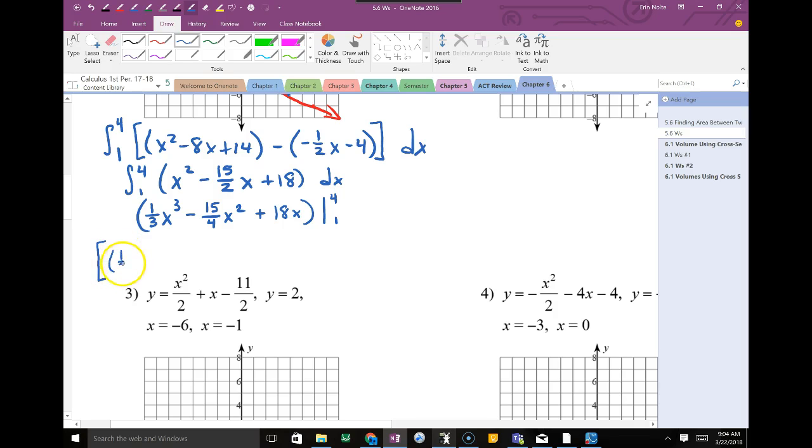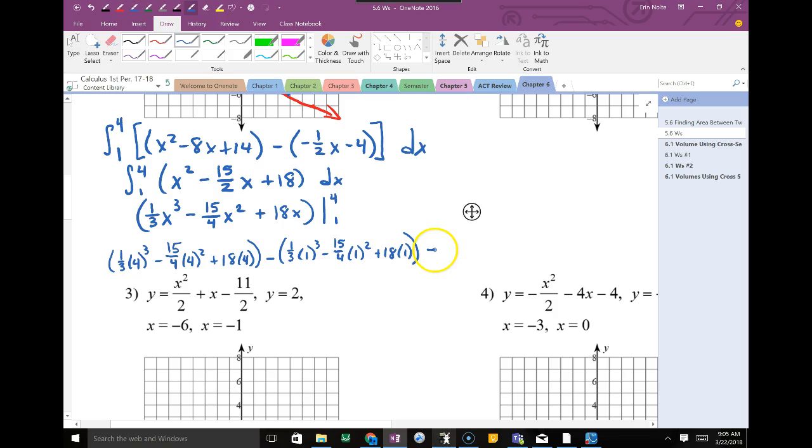So we're going to go 1/3 times 4 to the third minus 15/4 times 4 squared plus 18 times 4, minus 1/3 times 1 to the third minus 15/4 times 1 squared plus 18 times 1. I guess I don't need my big brackets. Okay, and then you grab your calculator and very carefully type that in.